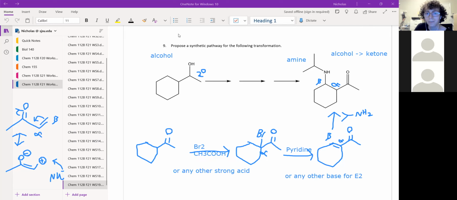And then at this point, we can go from the alcohol to the ketone. To do that, you would just want to oxidize it, and you can use any oxidizer. I'm going to put PCC, just because if I was doing this on a test, I think that's the first thing that would come to mind, but you could pick any one that comes to mind. It doesn't matter for this.